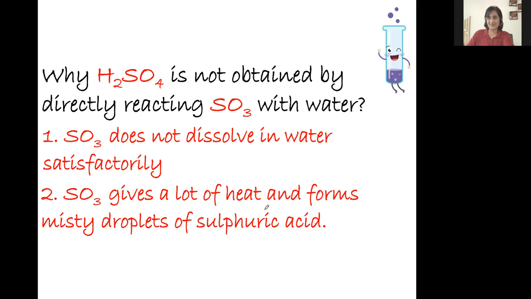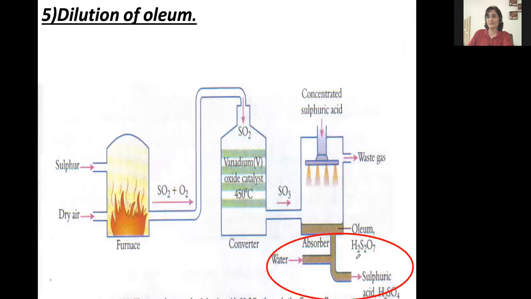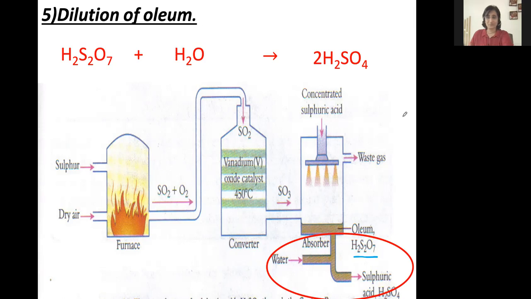That's the reason it is first converted to oleum, H2S2O7. And now in this oleum, you are going to add water. When water is added to it, you will get two molecules of H2SO4. That becomes the last final step because this is an industrial process. Industries require optimum production so that they make profits out of it.